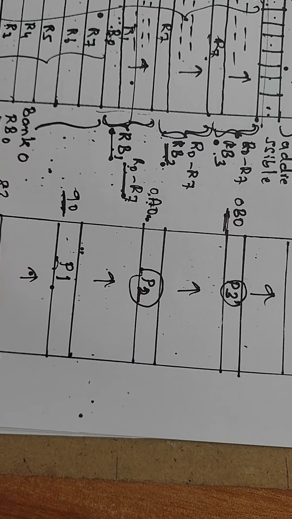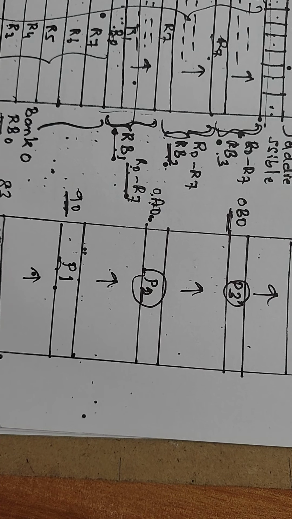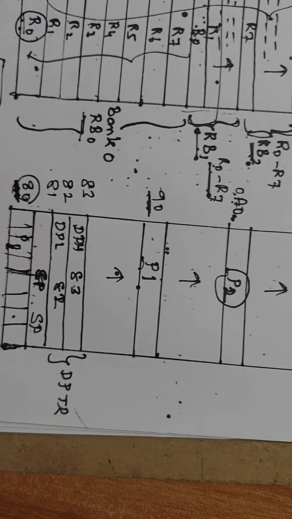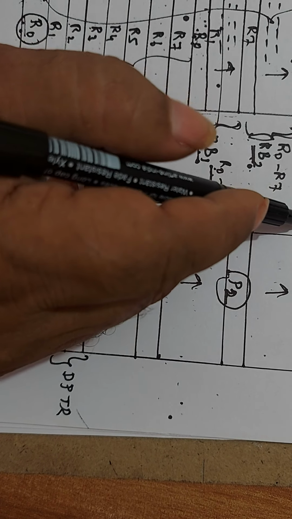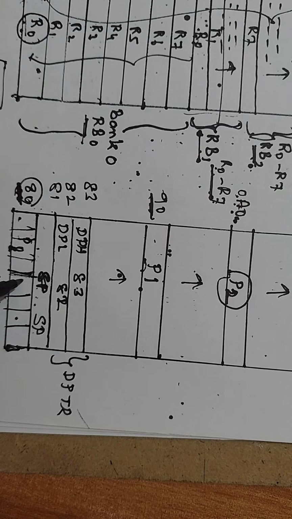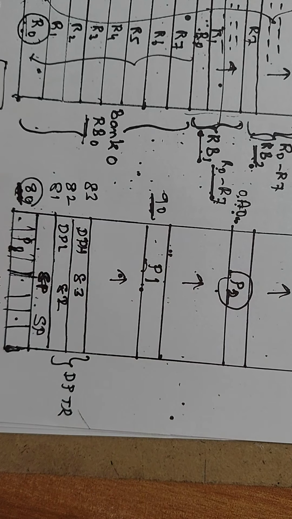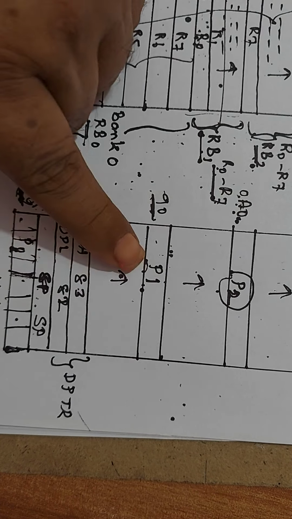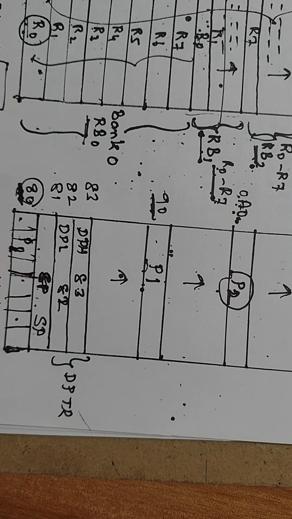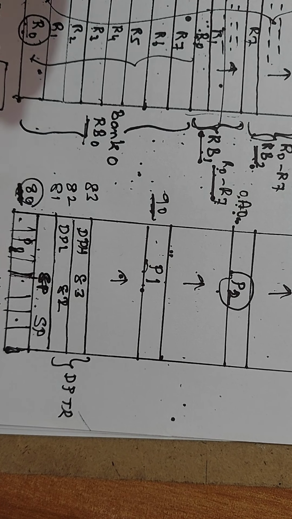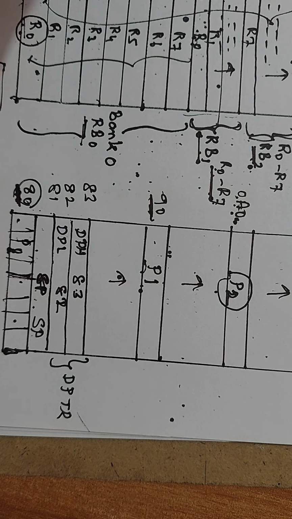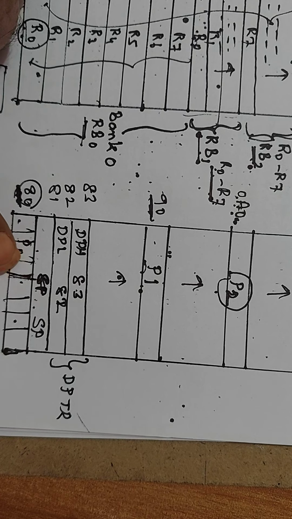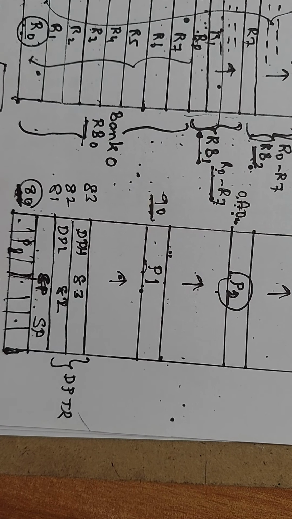Now we are discussing bit addresses of input-output ports. Even though 80, 90, A0 and B0 are the byte addresses of P0, P1, P2 and P3, these ports are both byte addressable and bit addressable. Let us see how bit addressing is possible for the 4 ports.